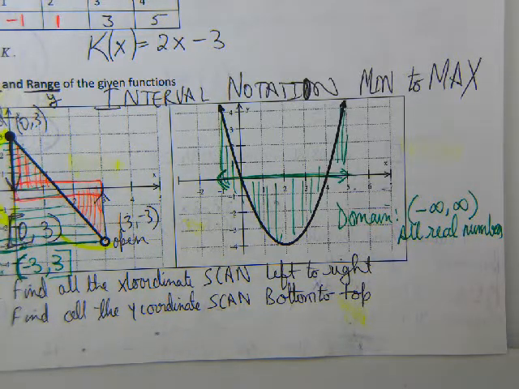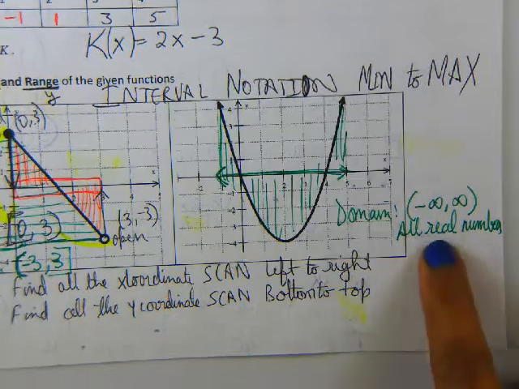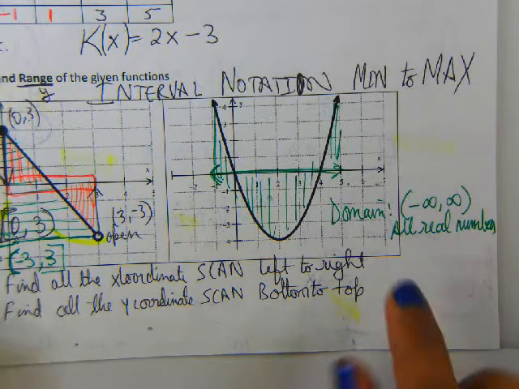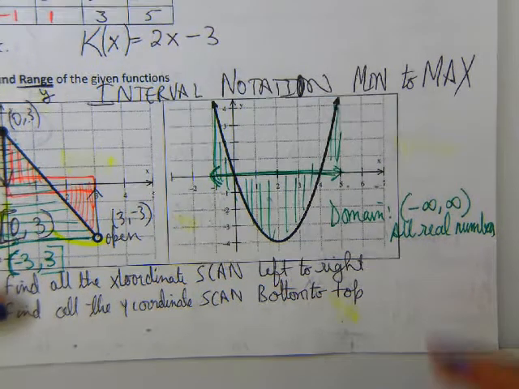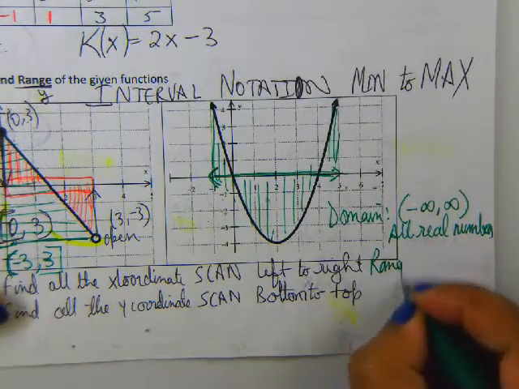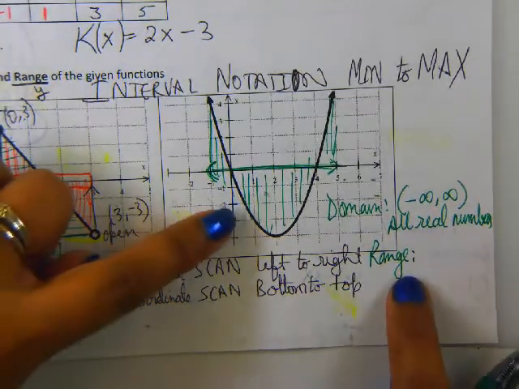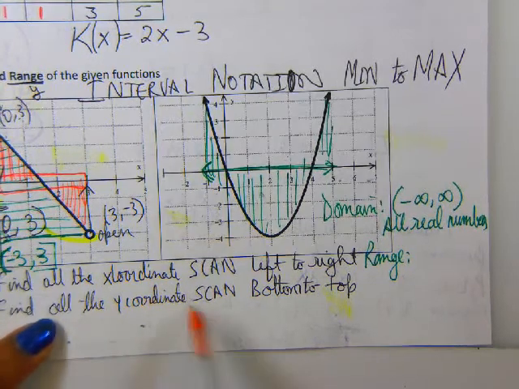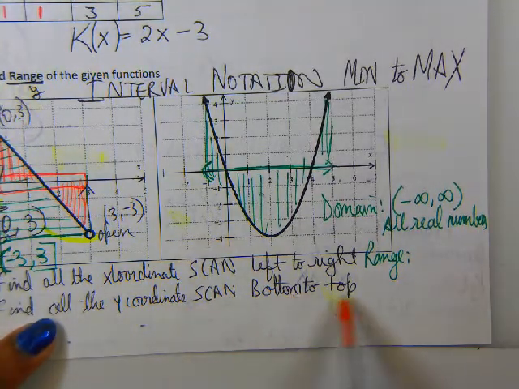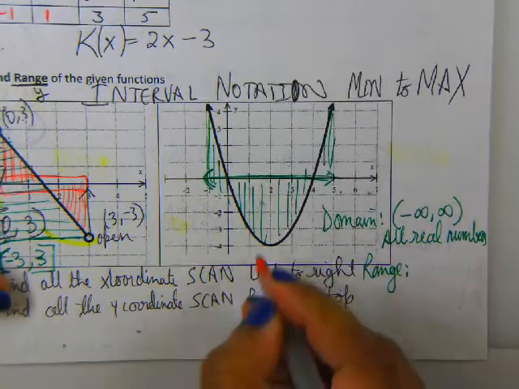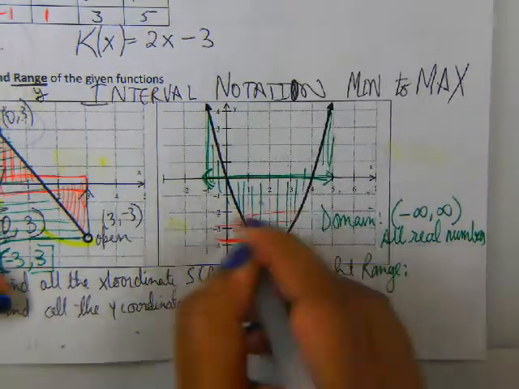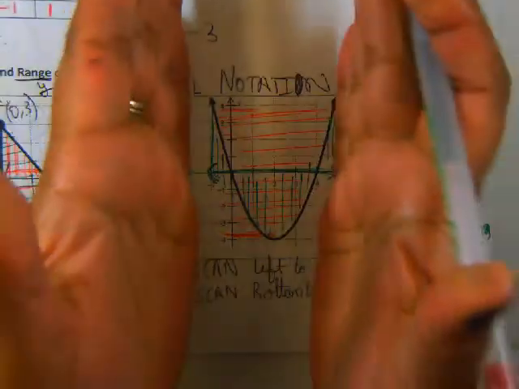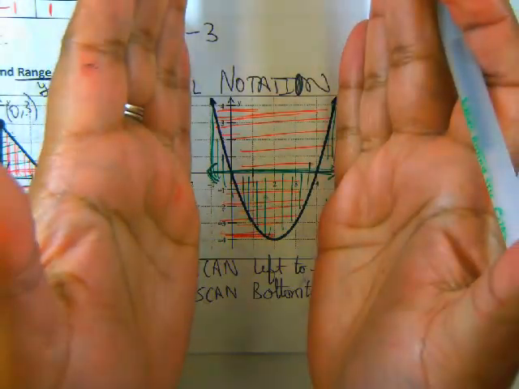So coming back to range. When we are talking about range, it is all your y's. So you will be scanning your graph from what? Bottom to top. So I'm using different color pens. Now, if you can imagine, if I had animation, it would have been great, that I'm trying to pull it up on the vertical axis.